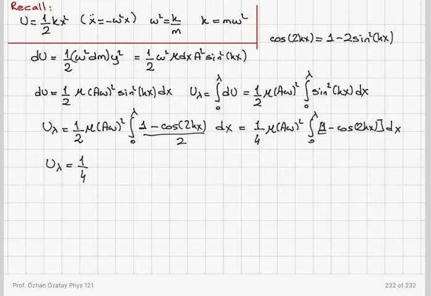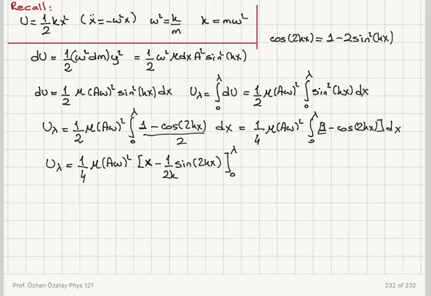So let's perform the integral. I obtain 1 over 4 mu a squared omega squared. The integral gives me an x, and then I have 1 over 2k sine 2kx, and this has to be evaluated between 0 and lambda.